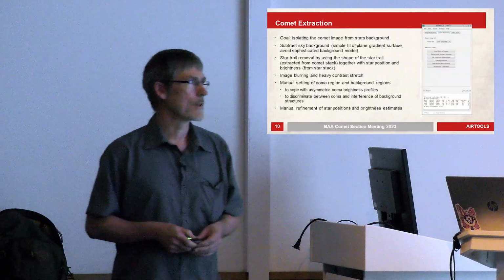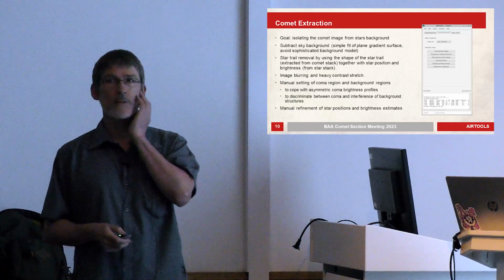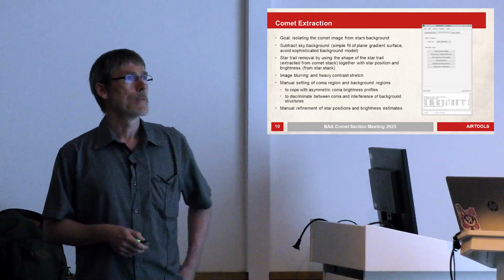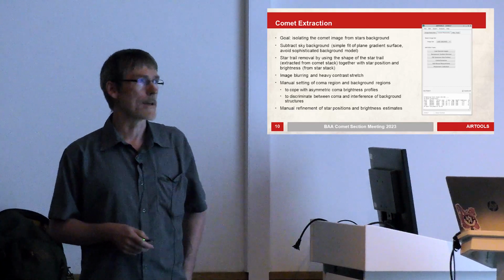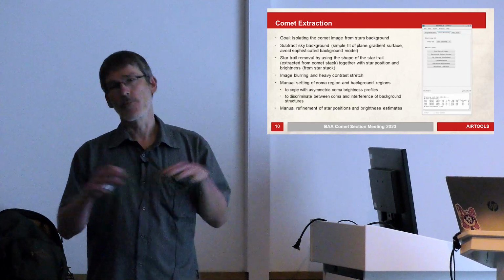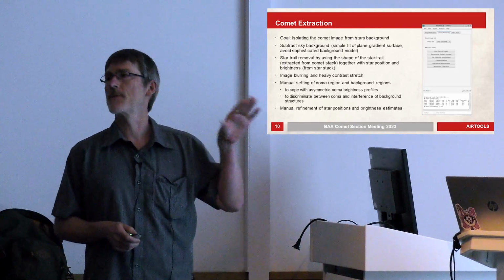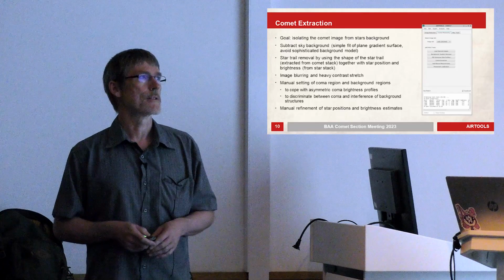I really don't recommend applying any sophisticated background model, because you will most likely destroy the very faint outer coma regions, which you actually don't see on the stacked images at this point.